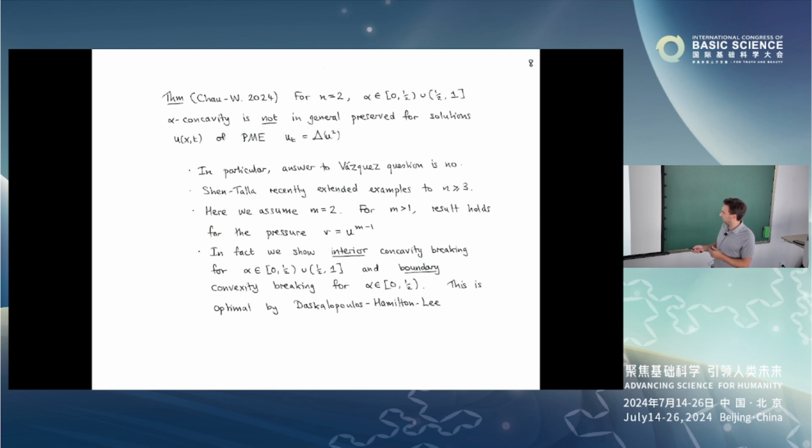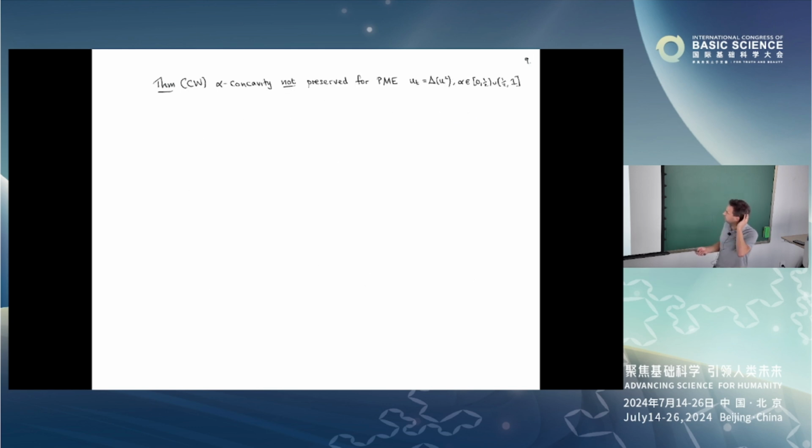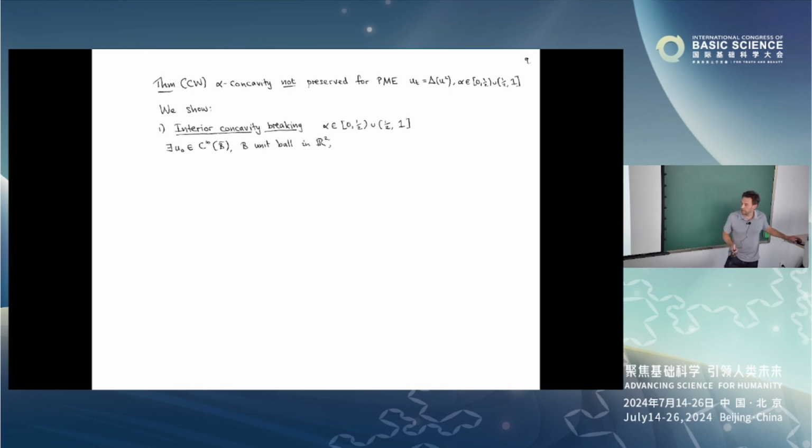So let me go a bit more precisely into what it is that we actually show. The first thing we show, as I said, is this interior concavity breaking, and it occurs whenever alpha is not equal to 1/2, in the range 0 to 1. What we do is construct an example. It's relatively simple; I'll explain later. It's a smooth function on the closure of the unit ball in R2.